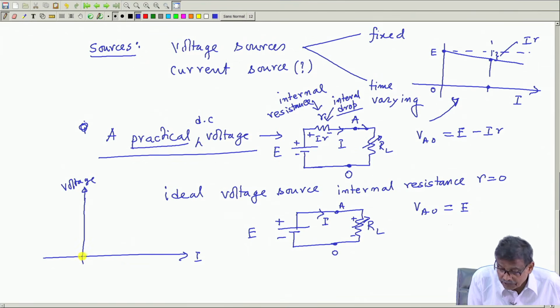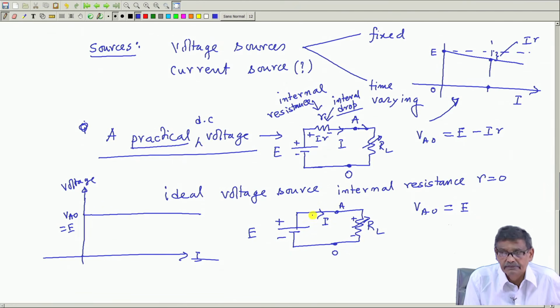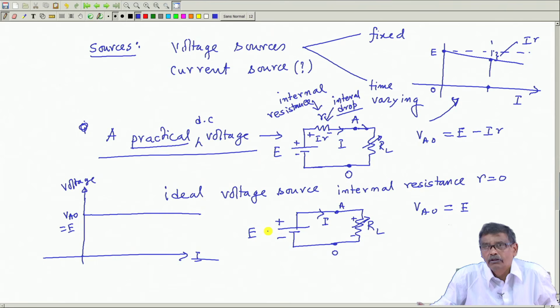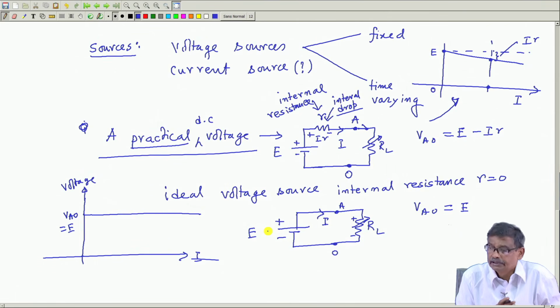No matter whatever is the current here, the voltage available across the load VAO is equal to E. It will be a flat line. Therefore, with no internal resistance, potential difference VAO remains constant all the time. However, it is not the case when there is internal resistance of the source present.